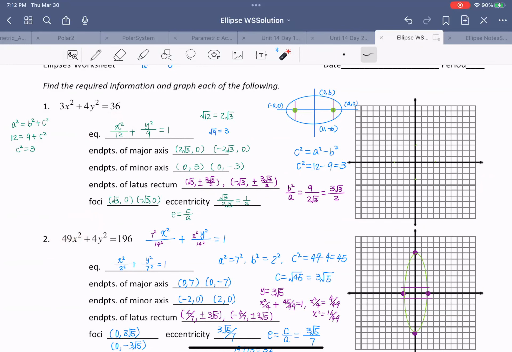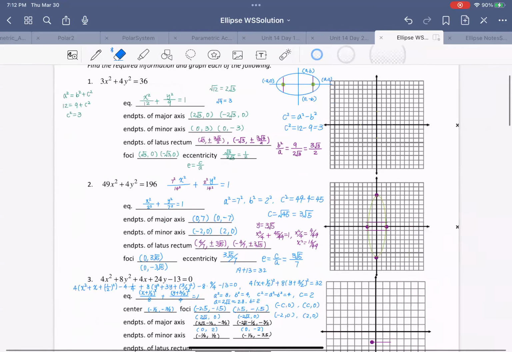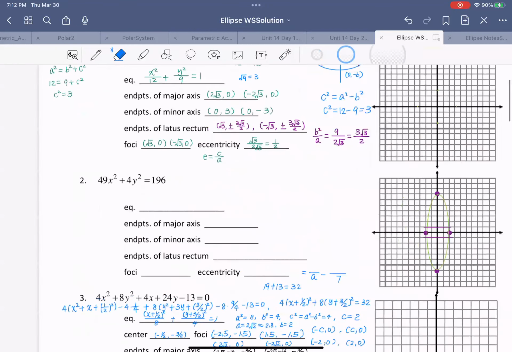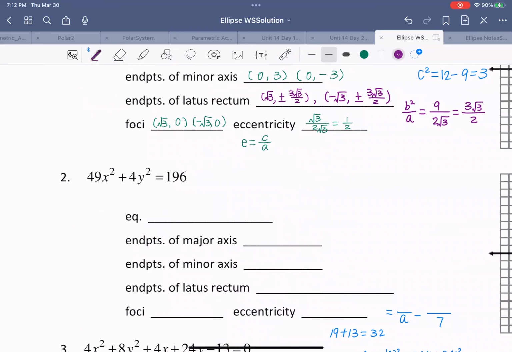Kathleen. So first we're going to divide by 196. Everybody, divide by 196. So this becomes 2x squared over who? 4. Because this guy times 4 is 196, right?